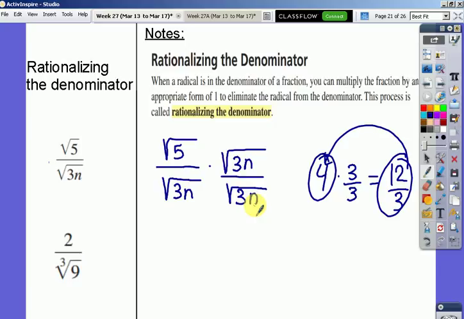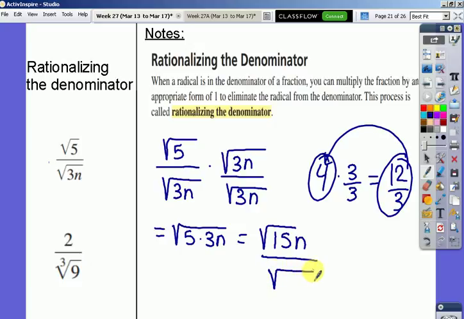So when I do that, on the top, I get, according to my product property, the square root of 5 times 3n, which is the square root of 15n, over the square root of 9n squared. What happens is you'll get a perfect square. So 9 is a perfect square, n squared is a perfect square, so you end up with 15n on the top over 3n on the bottom.